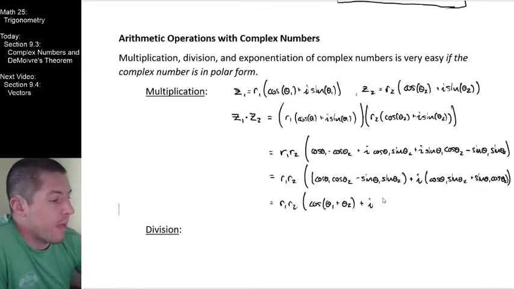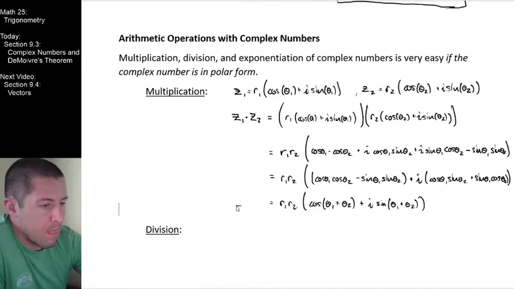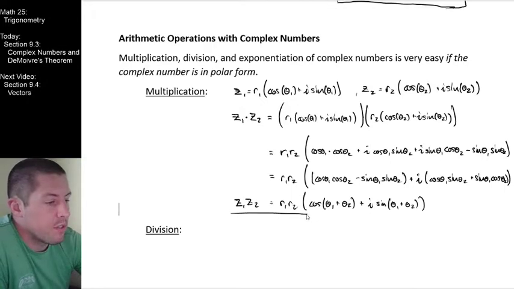So notice how, and I know that this looks like a lot because we're writing a lot right now, but stop and see this for the incredibly nice result that this is. This is why we like the polar form so much.